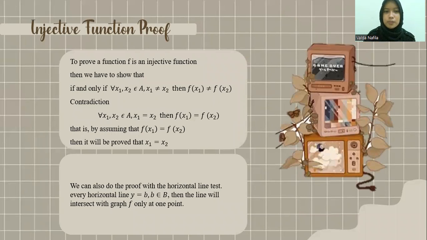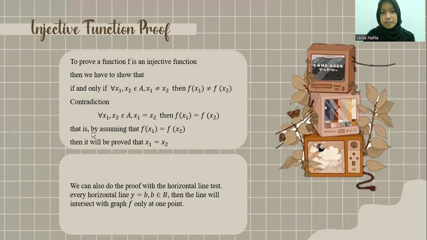Okay, injective function proof. To prove a function f is an injective function, we have to show that for every x1, x2 element A and x1 not equal x2, then f(x1) not equal f(x2). We can also use contradiction: every x1, x2 element A and x1 equal x2, then f(x1) equal f(x2).